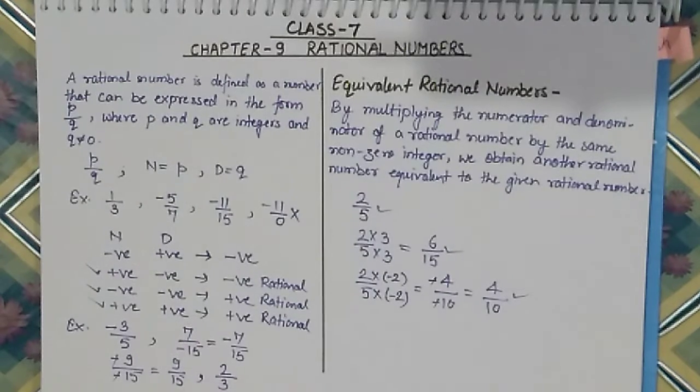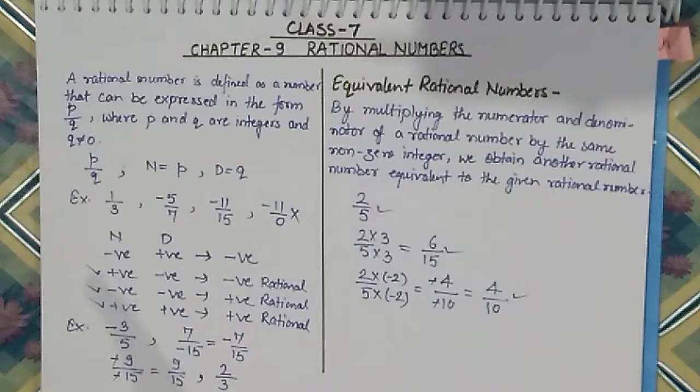Okay, next is how to represent a rational number in standard form. To represent any rational number in standard form, we have to note some important points. In standard form of a rational number, there must be no common factor except 1 in both numerator and denominator. The only common factor between numerator and denominator is 1.